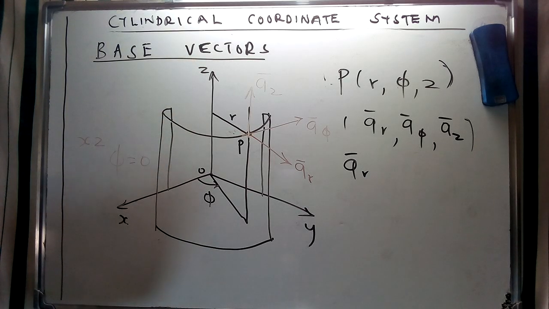Just like in the Cartesian coordinate system, we can assign a vector to a point P using these base vectors, given in terms of r, phi, and z.